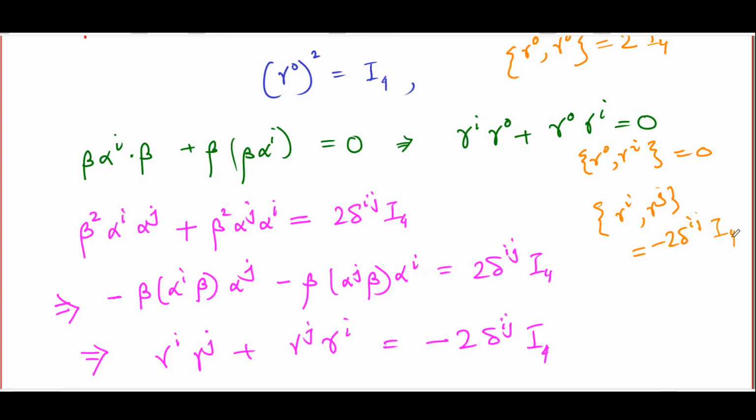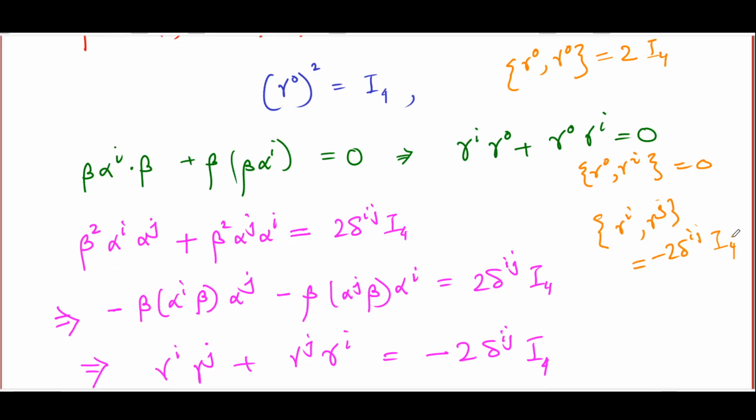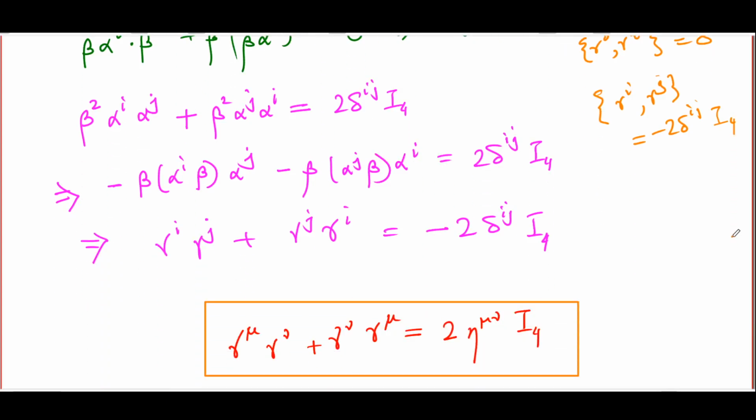It should be pretty easy to see that we can put together all these anti-commutation relations, those with gamma 0 with itself, gamma 0 with the gamma i's, and the gamma i's with gamma j's, into a single anti-commutation relation between gamma mu and gamma nu. Let me remind you once again, mu runs from 0 to 3, whereas i runs only from 1 to 3. And putting them all together, you simply get the anti-commutation relation: gamma mu, gamma nu anti-commutator is twice eta mu nu I4.